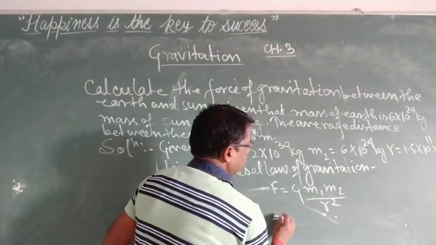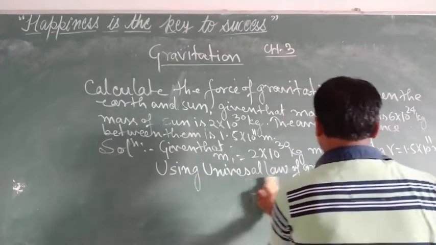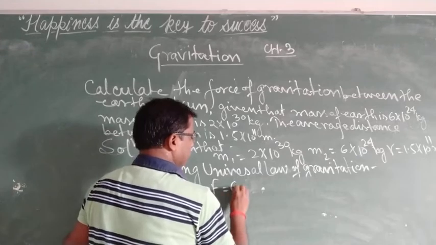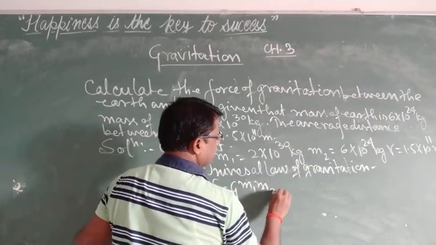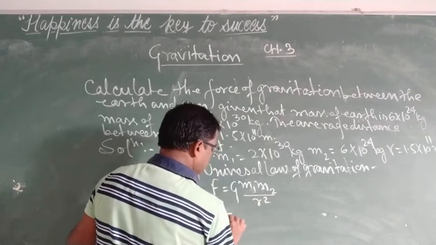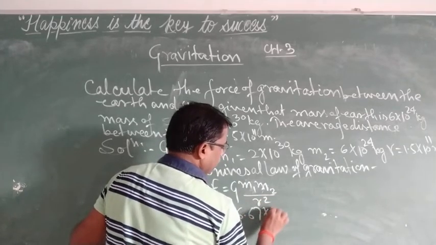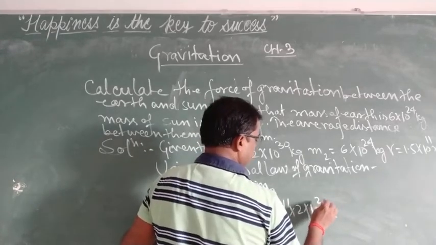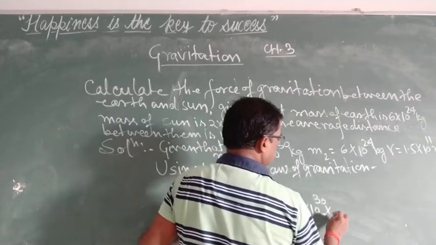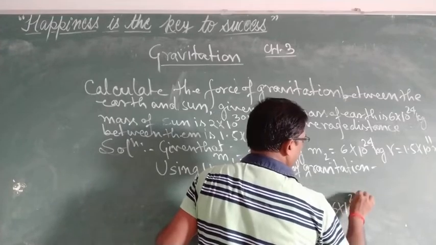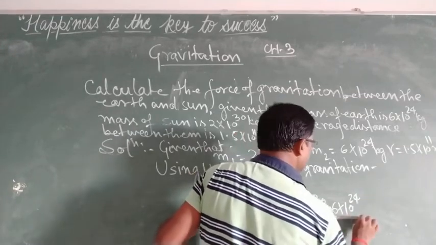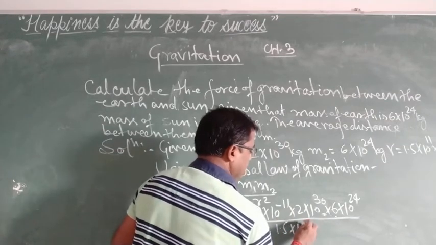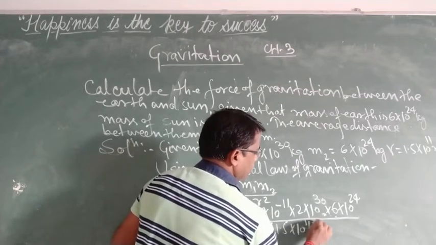When we put the values, F is equal to capital G m1 m2 by r square: capital G is 6.67 into 10 to the power minus 11, m1 is 2 into 10 to the power 30, into m2 6 into 10 to the power 24, upon r square, 1.5 into 10 to the power 11 meter square.